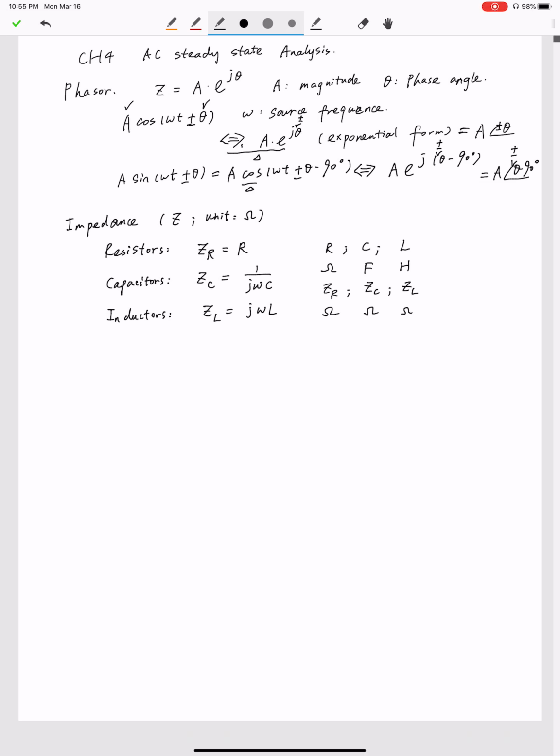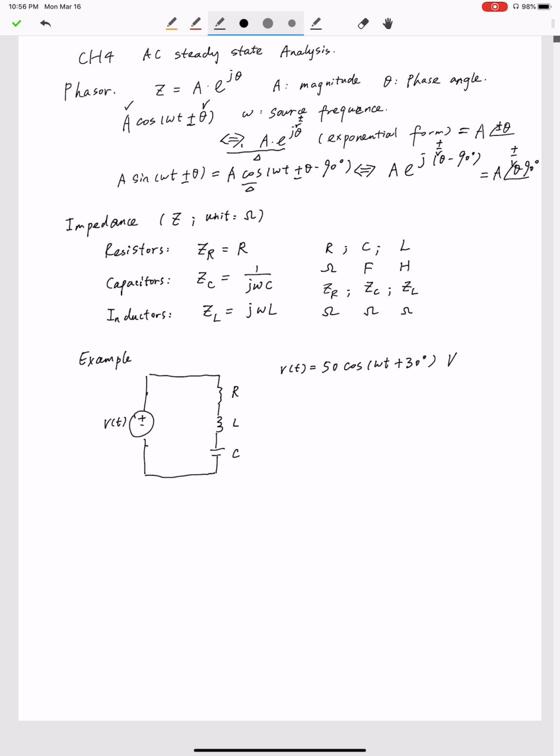So let's redo that example quickly. For instance, we have an AC source, which is represented by v(t), and we have three components connected in parallel, and they are a resistor, an inductor, and a capacitor. v(t) is represented by a cosine function expression, which is 50 times cosine(omega t plus 30 degrees).